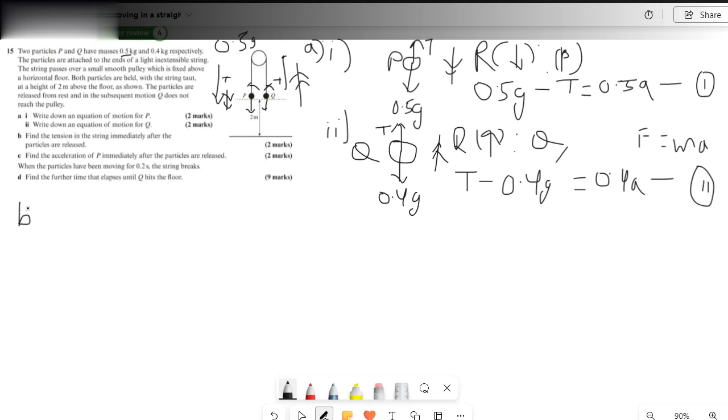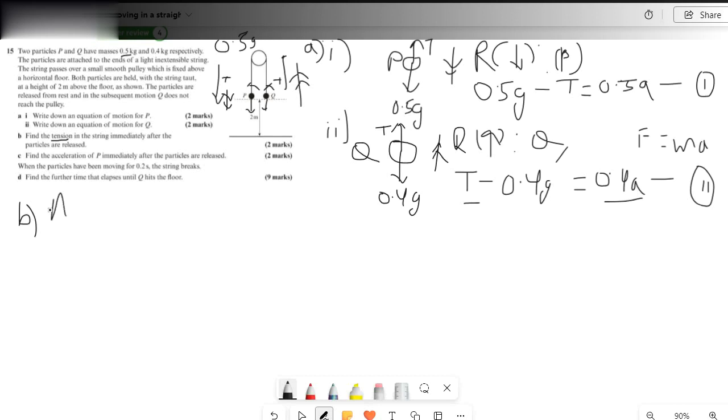For number B, we have to find the tension in the string immediately after the particles are released. So from both our equations, we have to solve them simultaneously, and to get the tension, we have to eliminate the acceleration, or the a variable, in these two equations.